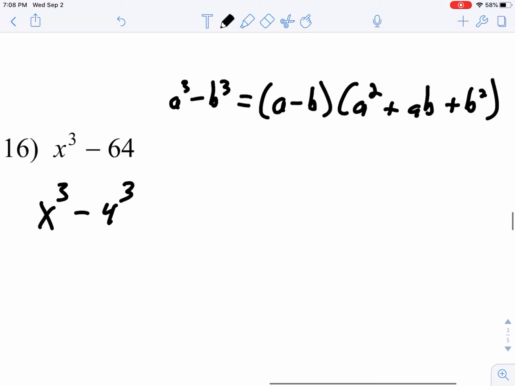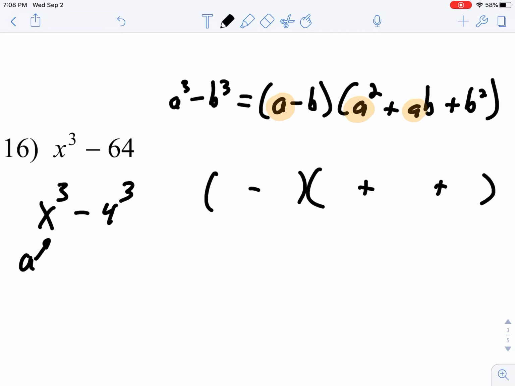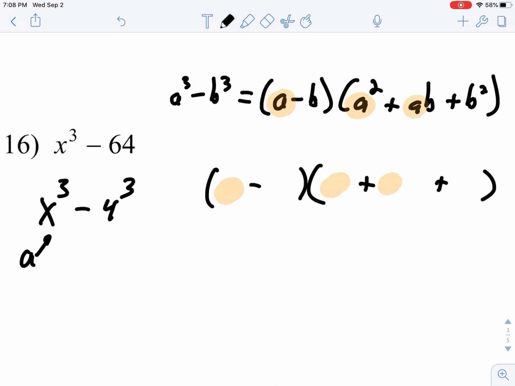So in this problem, my a is the letter x. Everywhere there's an a, I'm going to write an x. Let me go ahead and do that. So one set of parentheses, bigger set of parentheses, a minus sign, a plus, a plus. So everywhere there's an a, here, here, and here, I'm going to write x. x, x, now this one gets squared, and x.